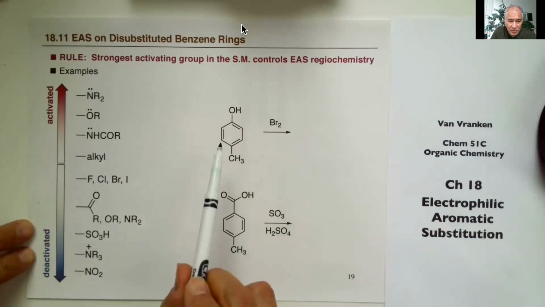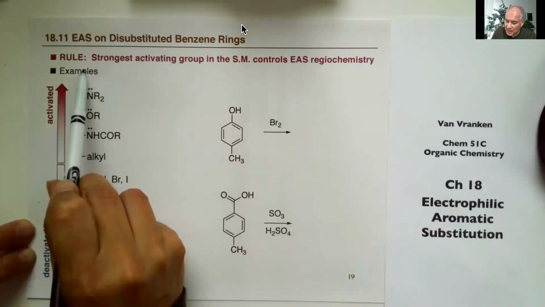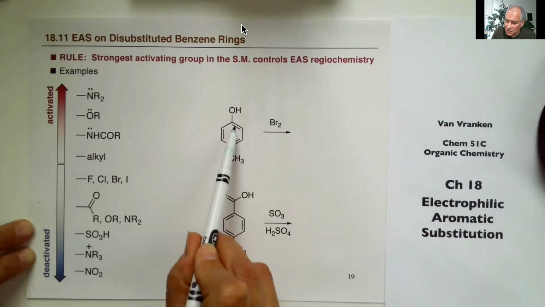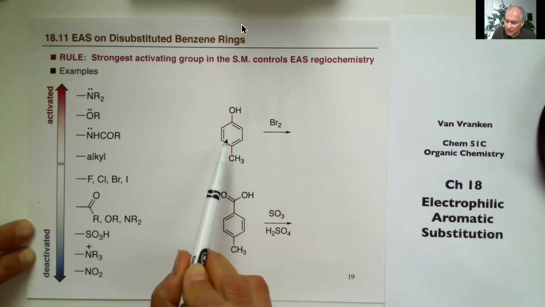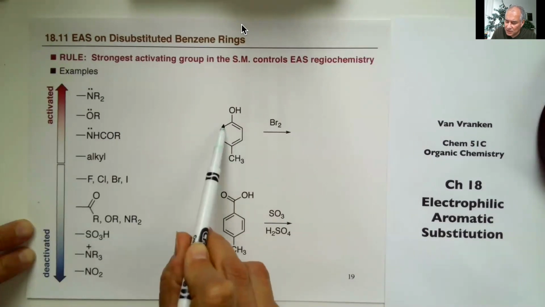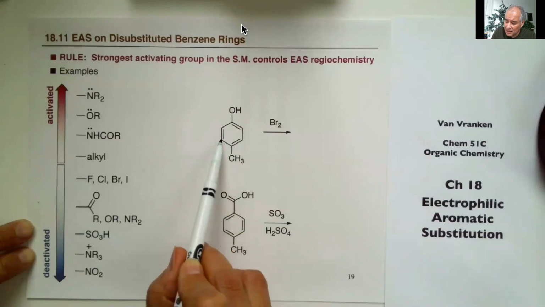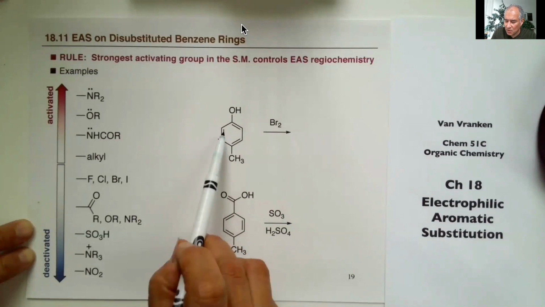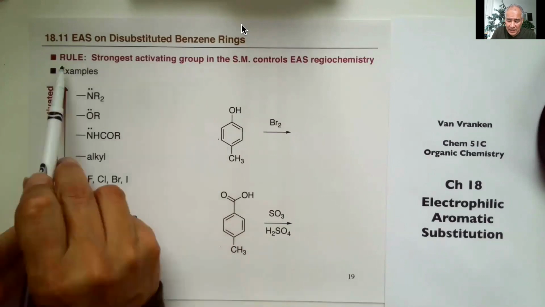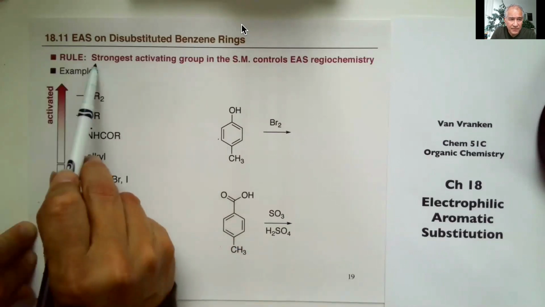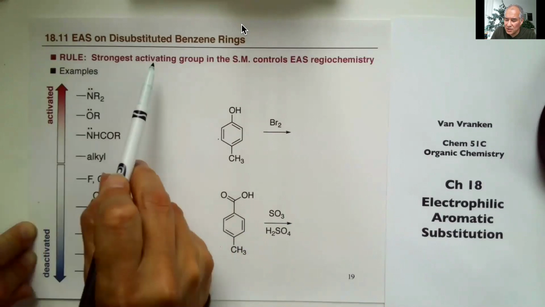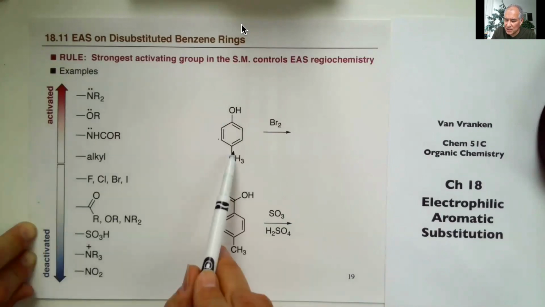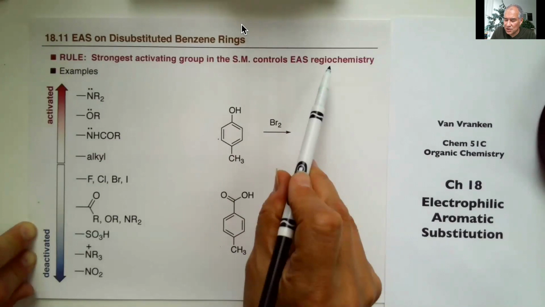And the simple rule that we have for deciding where will the bromine go: the two ortho positions, ortho to the hydroxy, are equivalent, and the two meta positions are equivalent. So will you go ortho to the hydroxy or meta to the hydroxy? Will you go ortho to the methyl, or meta to the methyl? And the rule is the strongest activating group in the starting material, there's only two groups here, controls the regiochemistry.